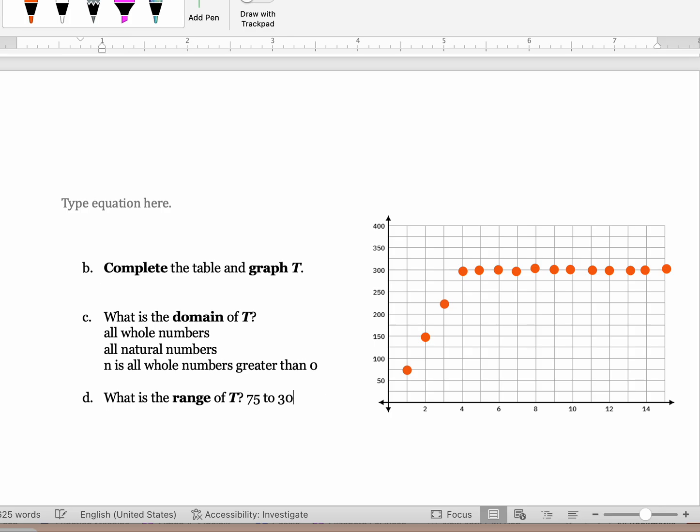There's so few numbers there, you could put 75, 150, 225, and 300. It doesn't go above 300.